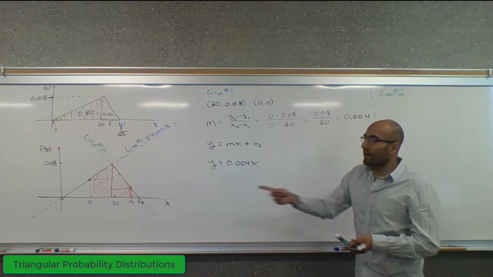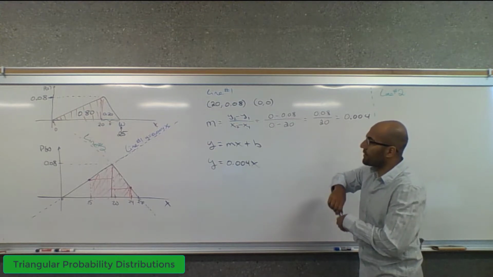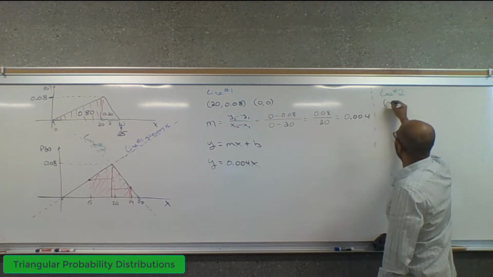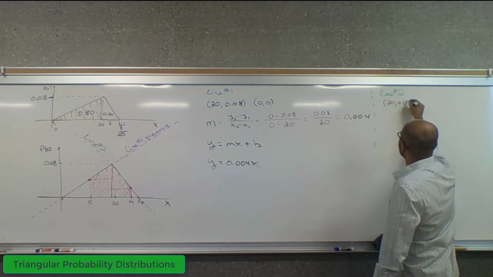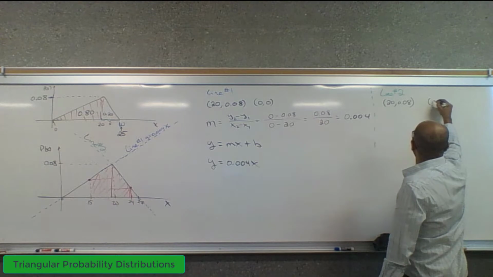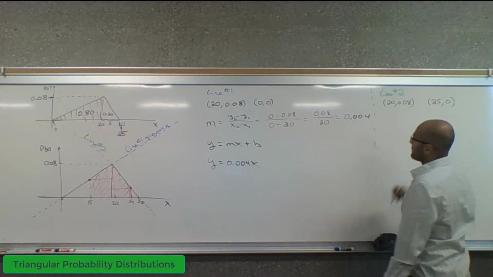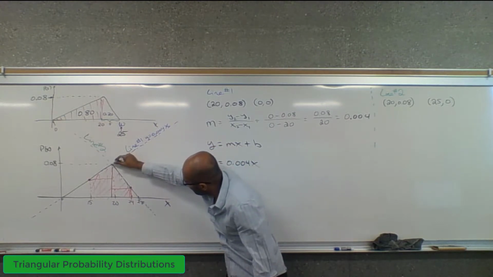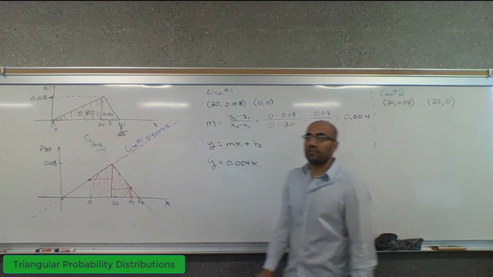We need some ordered pairs again. The ordered pairs we definitely know for sure on that green line are again the point (20, 0.08) and the point (25, 0). Right?